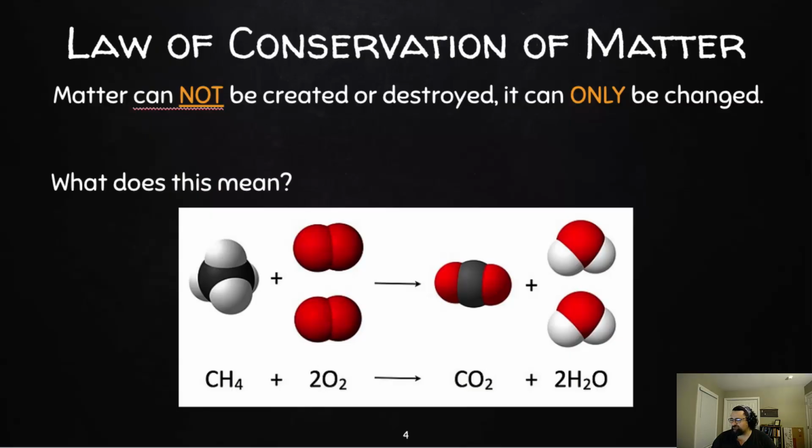We use these coefficients, which tell us we have to have a certain number of these O2 molecules, and over here, a certain number of H2O molecules, to make sure that whatever goes in has to come out. We can't just have less come back out in a chemical reaction. It has to be the same, and that's the guiding principle behind balancing chemical equations. We're going to make sure that whatever goes in also comes out.